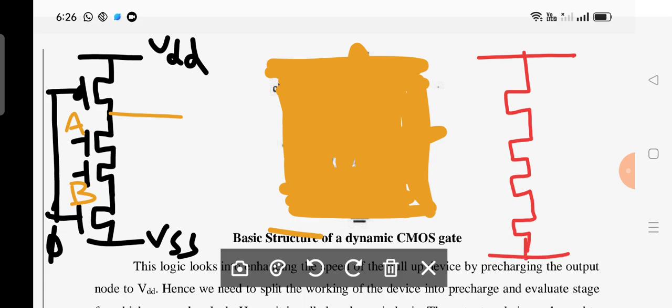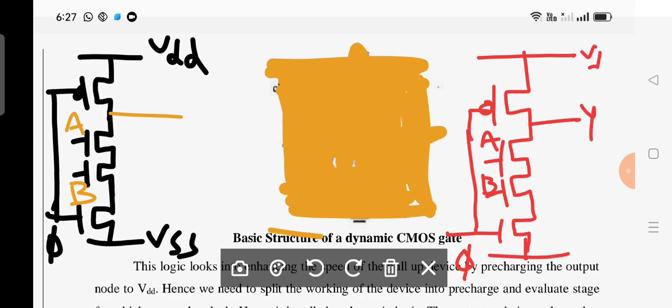Let us consider this is a master one. Let us consider pi, and this is A, and this is B, and there I have to consider output. This may be VDD and this may be VSS.